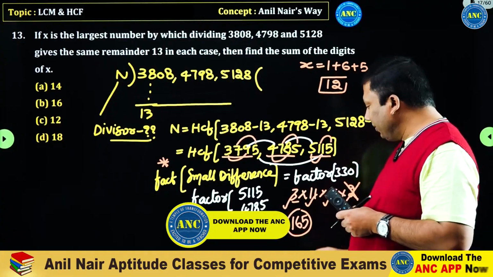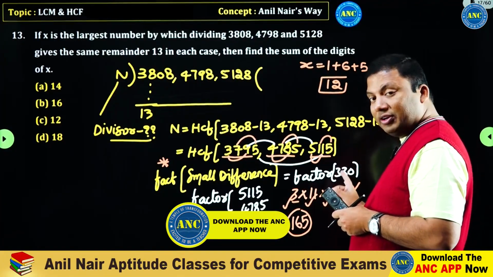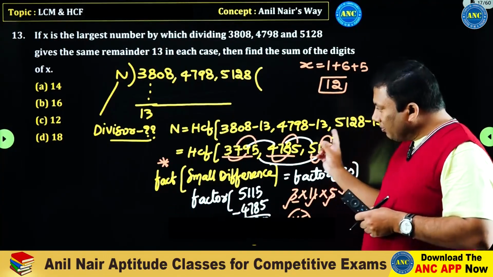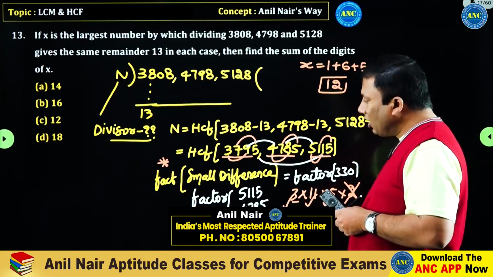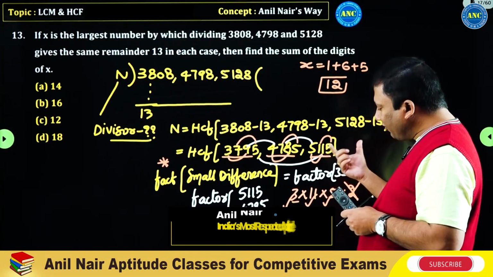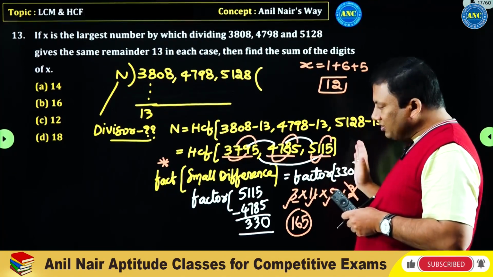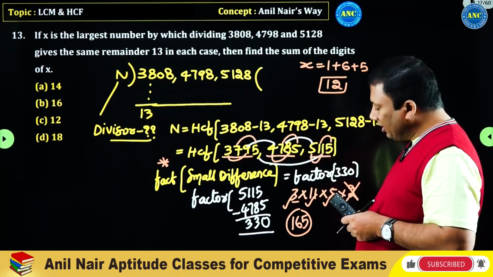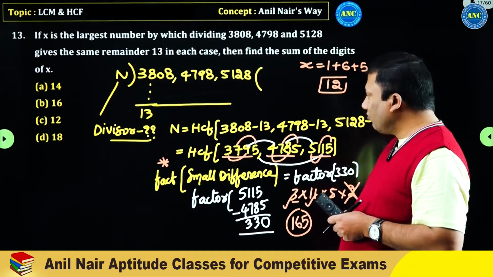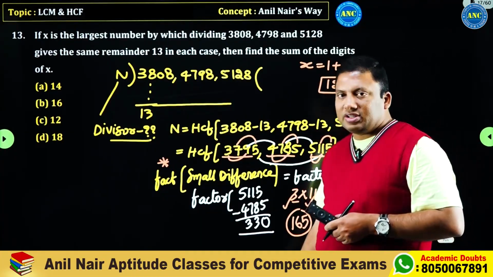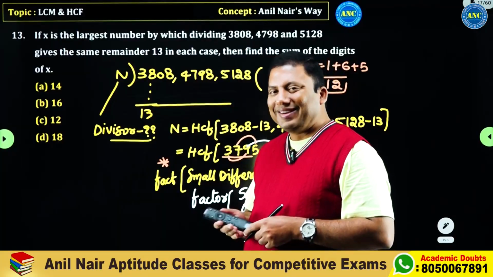Factor of 330 is 3 into 11 into 5 into 2. 2 is eliminated because all the numbers are odd, and the HCF of odd numbers is an odd number. 3, 11 and 5 all divide, so the HCF is 165. The sum of the digits of 165 is 12. Concept clear?